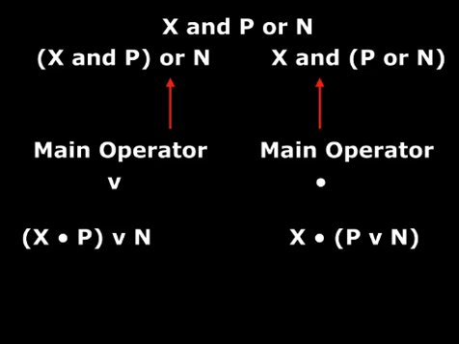Now you might be asking yourself, or even asking me, hey Rick, this sucks. If this happened on an exam, how would I know which one to do? Well, the answer to that question is this won't happen on an exam, right? On an exam, I would do something like what happened in the first case. I would put a comma somewhere, which would indicate to you what the main operator was, right?